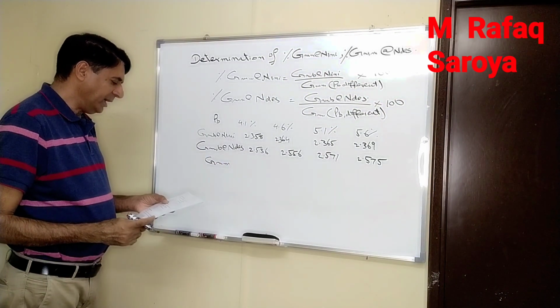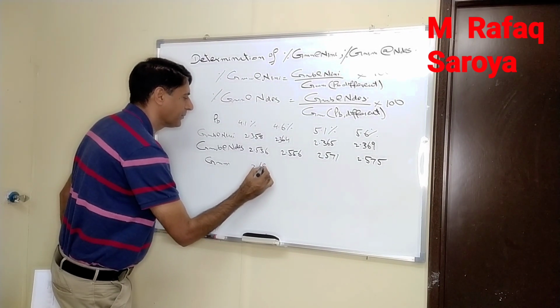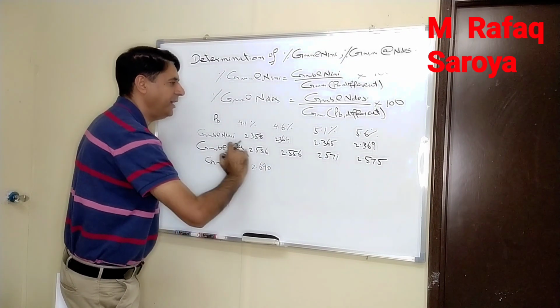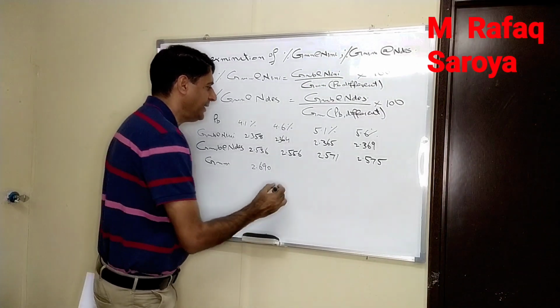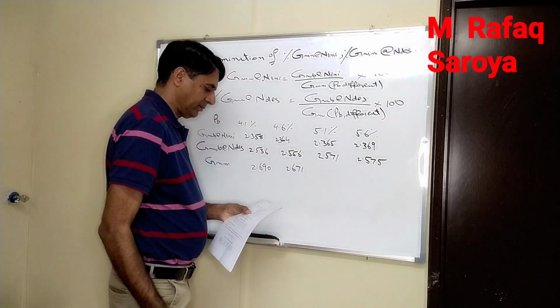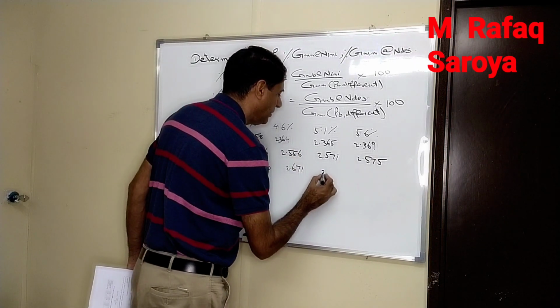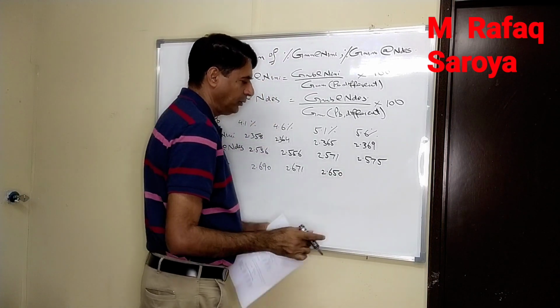This value is tabulated over here: 2.690. This value will go on reducing with the increase of the binder content. 2.671. 2.650. And 2.630.